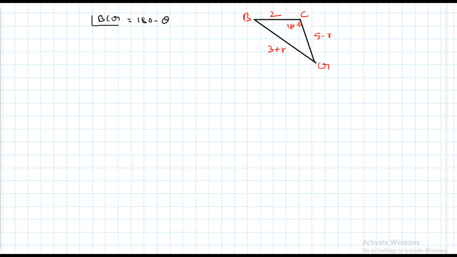Okay students, I labeled all, this is our required triangle, triangle BCG. This angle is 180 minus theta. So BC equals 2, BG equals 3 plus R, and CG equals 5 minus R.